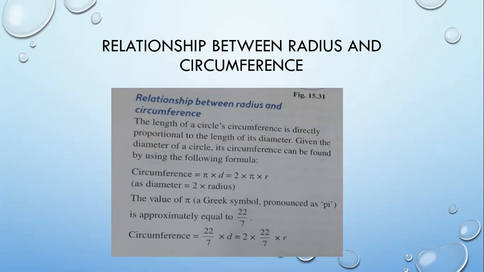Circumference is equal to 22 upon 7 into d, or you can write 2 into 22 upon 7 into r. So you just have to remember the formula of circumference, that is 2 pi r. And if the diameter is given in your question, then you can directly multiply the diameter with pi. Okay, so this way you are going to solve the sums.